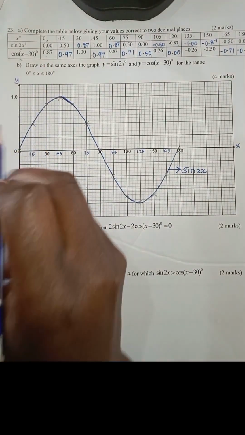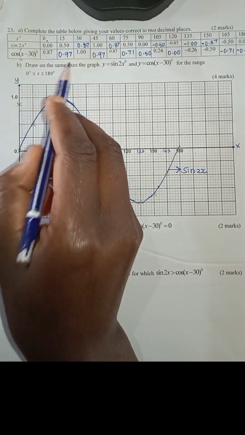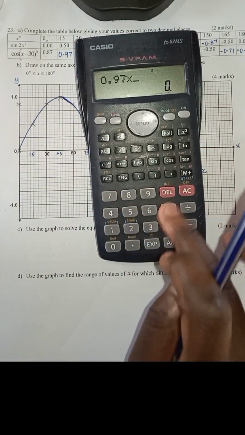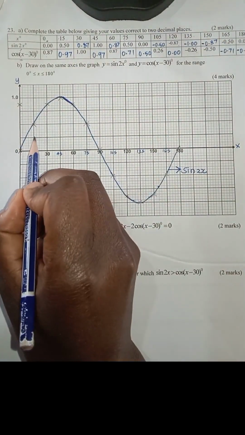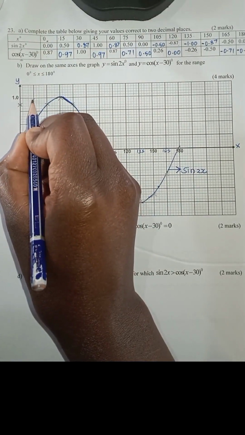So to draw the next curve, cos(x minus 30), when x is 0, we have 0.87. It was just 17.4 small boxes. So you use the calculator to mark off the points.